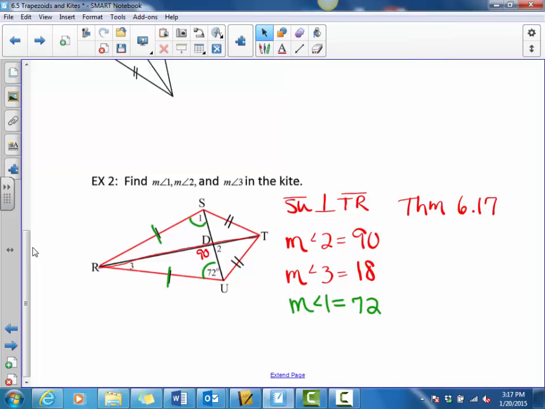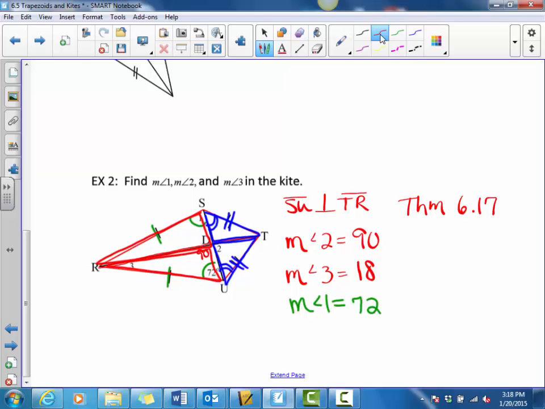All right? So thinking about all the things that we can say about a kite, because these two sides are congruent, I can also say that these two angles are congruent. And then, if I needed to, I could prove that DT is congruent to DT using the reflexive property, and then I could say something to prove that this little triangle is congruent to this little triangle, or that this big triangle right here is congruent to this right triangle.